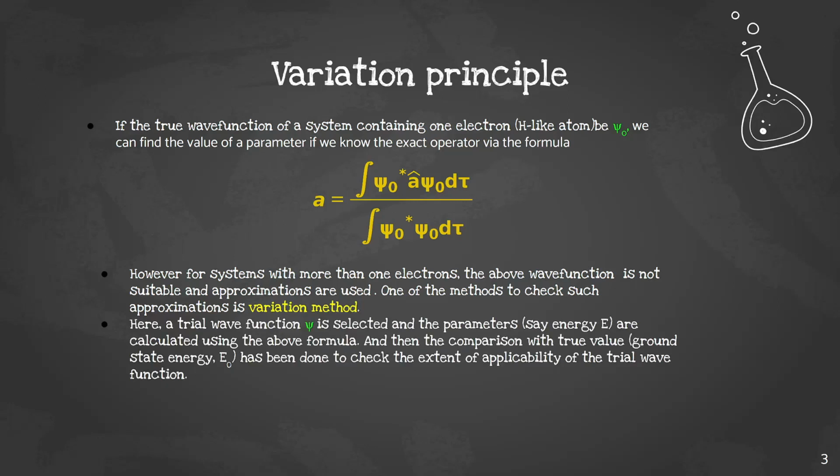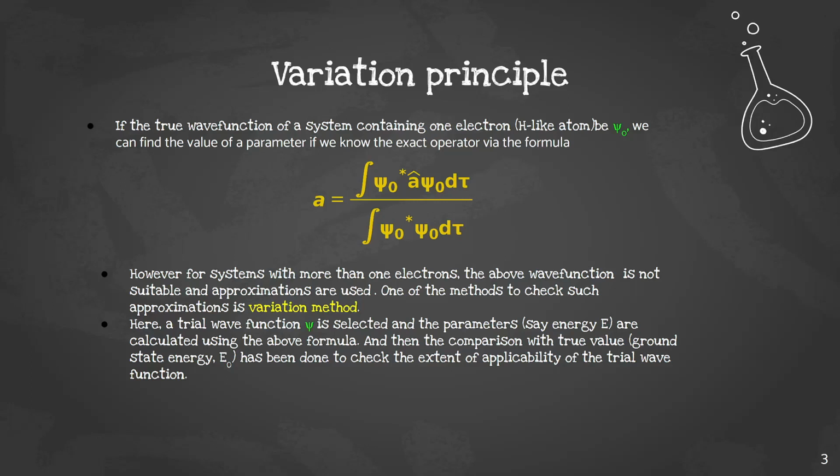For example, for the question that we are talking about, we consider the energy, we calculate the energy for that trial wave function, and then compare that energy with the ground state energy of the psi naught that is there previously. And then from that comparison, we can comment on how our trial wave function is better compared to other trial wave functions that are there.